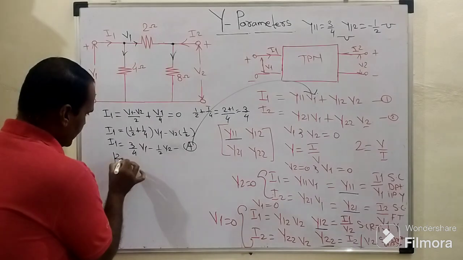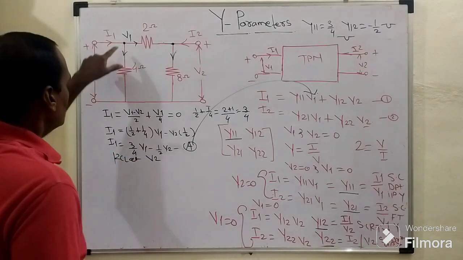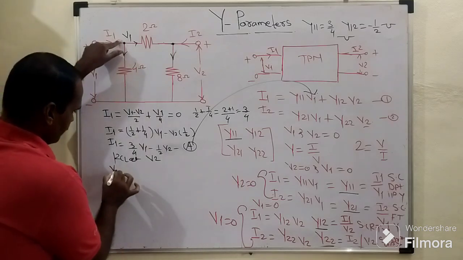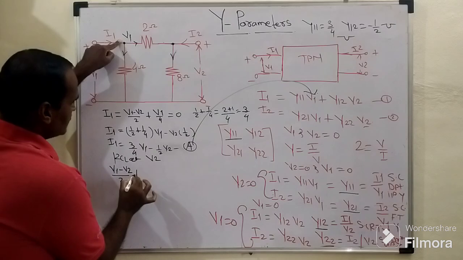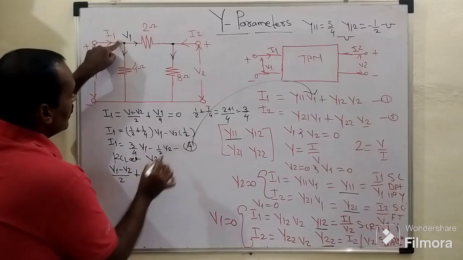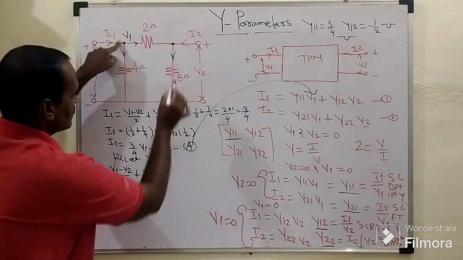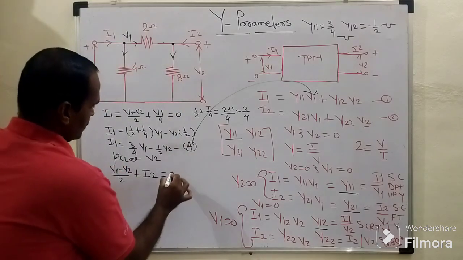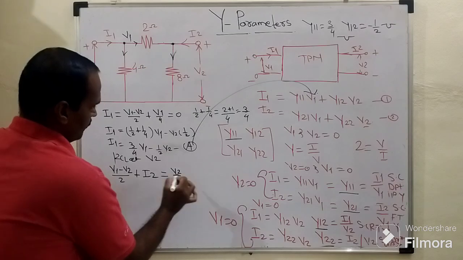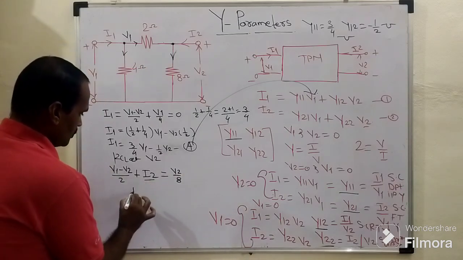So when we apply KCL at node V2, the incoming current is (V1 minus V2) by 2 plus this current, I2. The value of the current itself is I2, and it equals the outgoing current, V2 by 8. We are supposed to rearrange this equation in terms of I2.